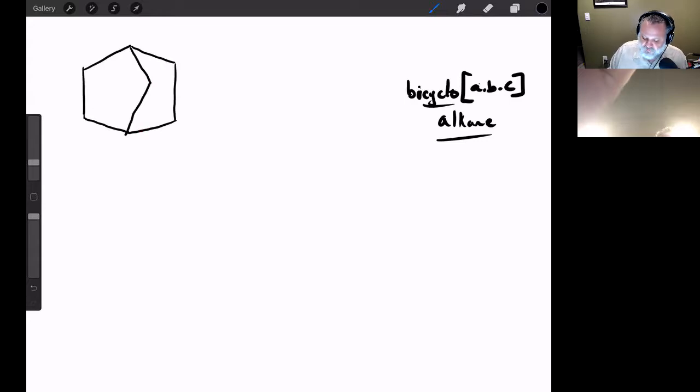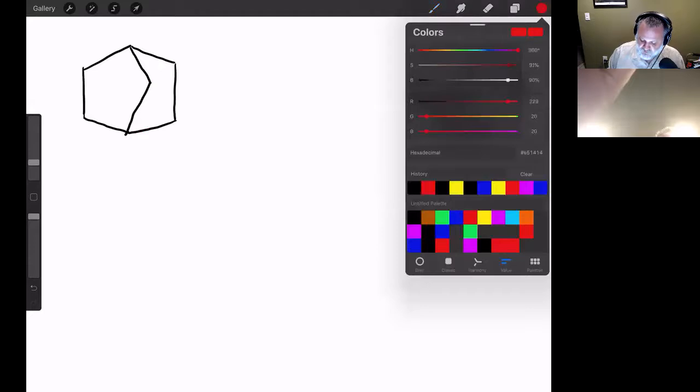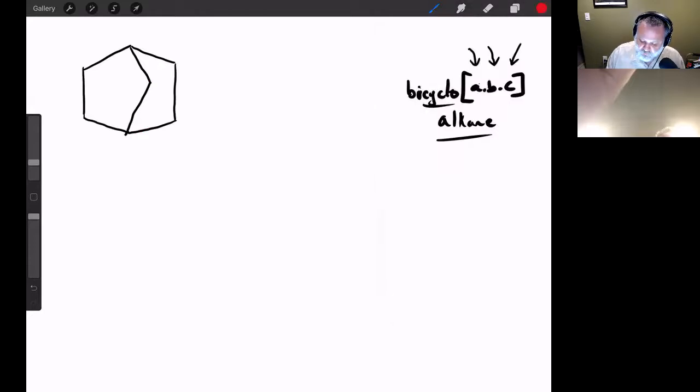A, B, and C are the numbers of carbons that are between the bridgehead carbons in each of these three positions. What would those numbers be? The only thing I want to point out is that A, B, and C are in numerical order.